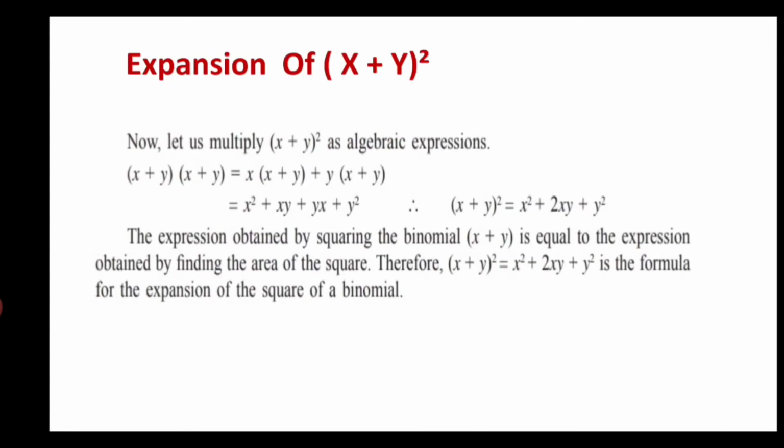So the expression obtained by squaring the binomial x plus y is equal to the expression obtained by finding the areas of square, and therefore x plus y square is equal to x square plus 2xy plus y square is the formula for the expansion of square of binomial.